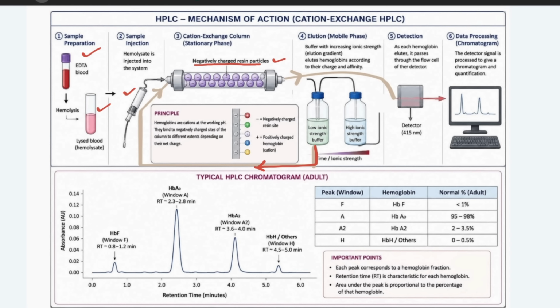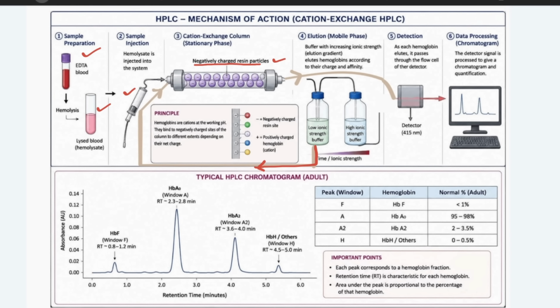In the likewise manner, when high ionic strength sodium chloride solution flows into the column, the hemoglobin fractions which were strongly bound with the resin particles get displaced, and come out of the HPLC column.